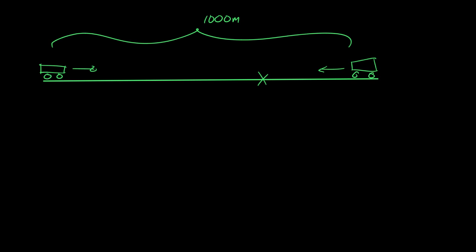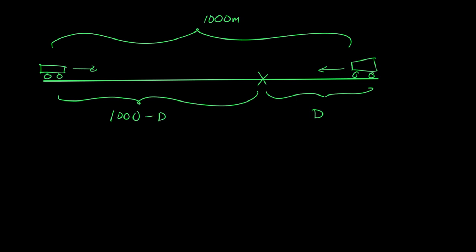So, to use this for this problem, this train goes a distance d, this train goes a distance 1,000 minus d. Make this the delta x for this train, and this the delta x for that train. You're still going to set d as your substitution variable and solve for t.